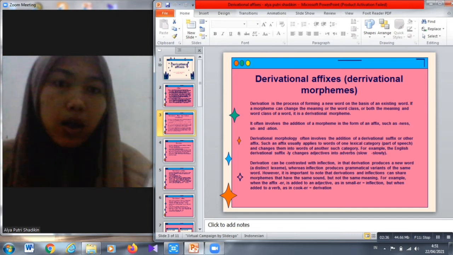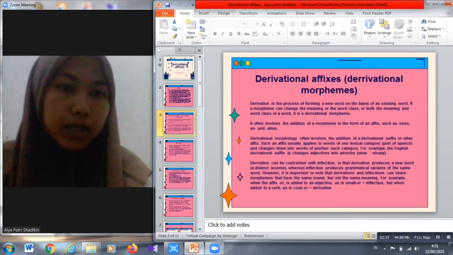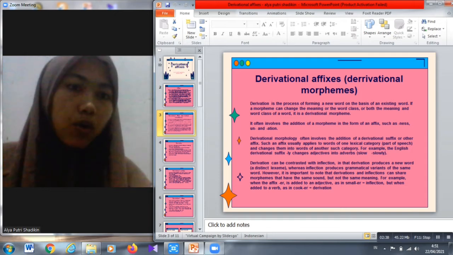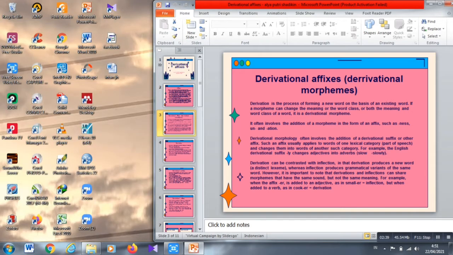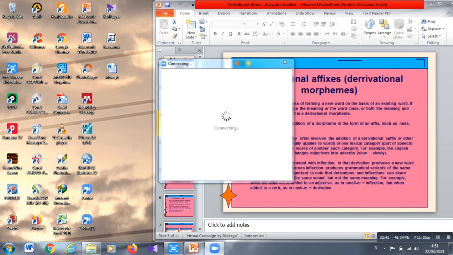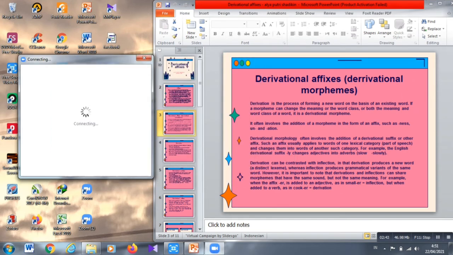So it often involves the addition of a morpheme in the form of an affix, such as ness, sorry about my camera, and ation. Derivational morphology often involves the addition of a derivational suffix or other affix.